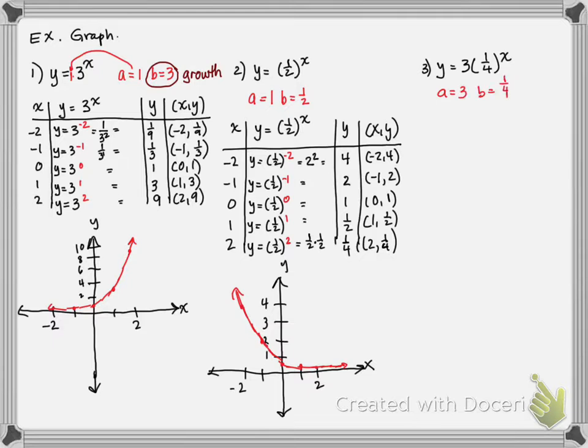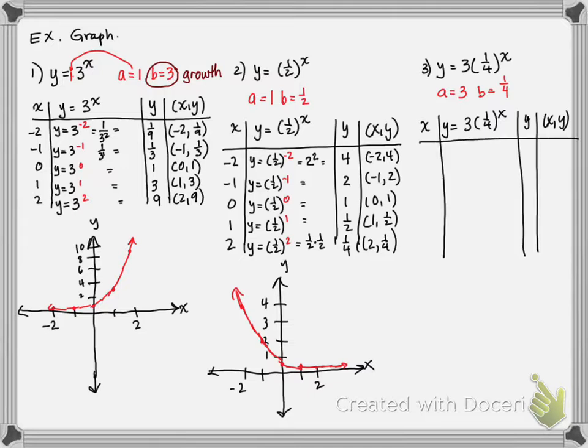So here's what I understand, is that it should be a decay because I have a fractional B value. All right, so we're going to have some extra calculations on this one because of the A value not equaling 1, equaling 3. Okay, I'm going to choose my 5 favorite.